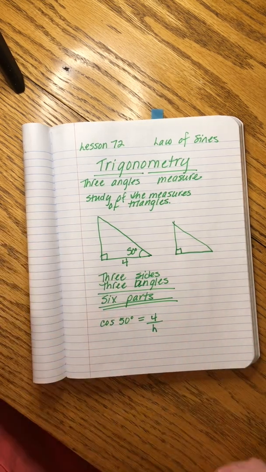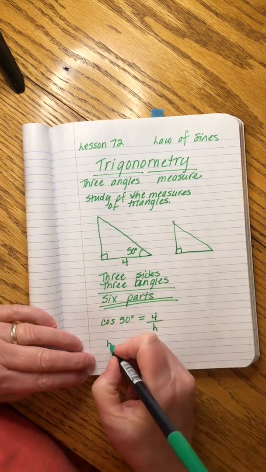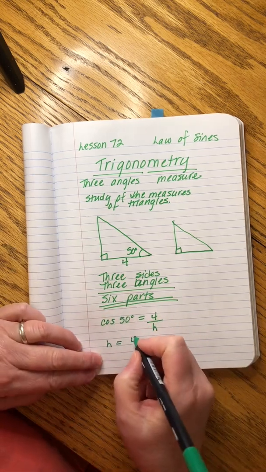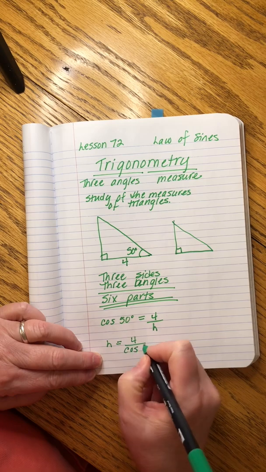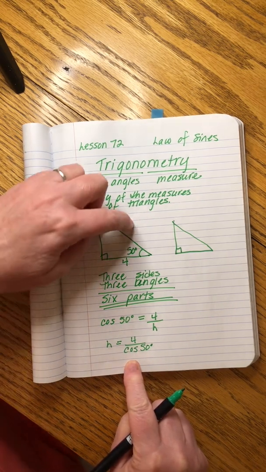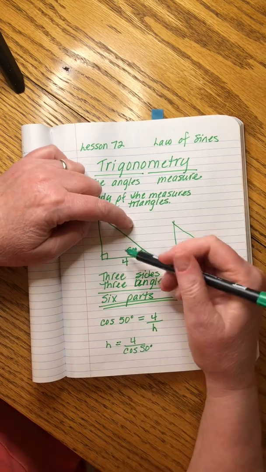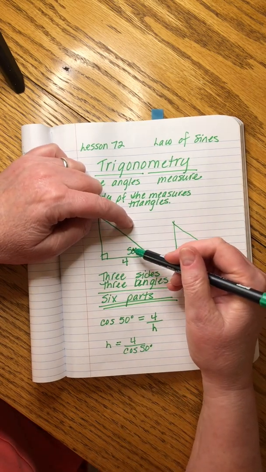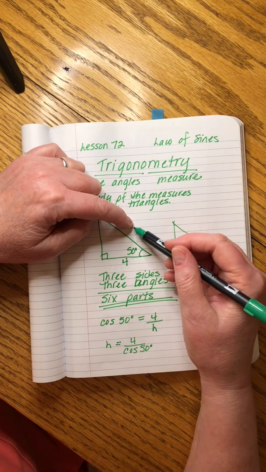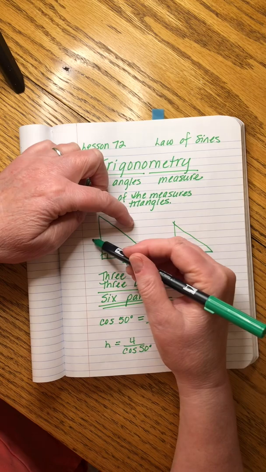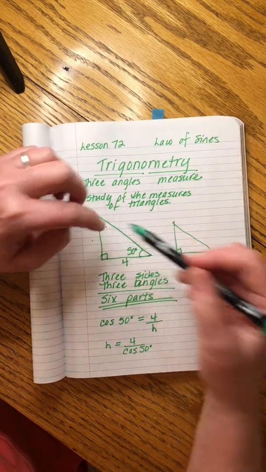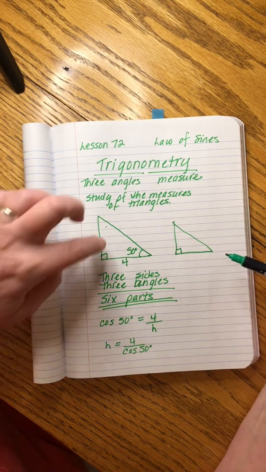And we can algebraically flip that around, right? If I cross multiply those and let them change places, h equals 4 over the cosine of 50 degrees. And we can find that on a calculator, right? And that will give us the hypotenuse. And then from there, we can use the Pythagorean Theorem to find the third side. And we can subtract 90 and 50 from 180 to get the third angle.